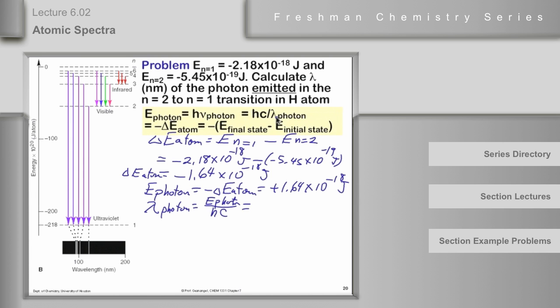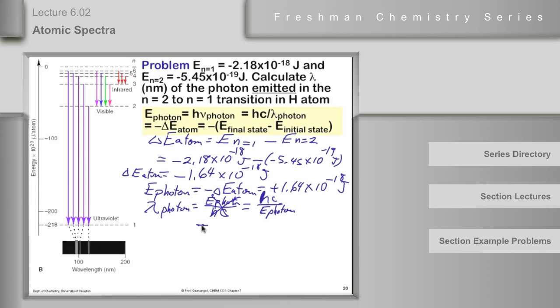So if I multiply both sides by lambda of the photon, hc is going to be on top and E is going to be on the bottom, so please correct that right there. This is going to be hc over E of the photon. Sorry, I'll get back in the swing of things here in a minute.